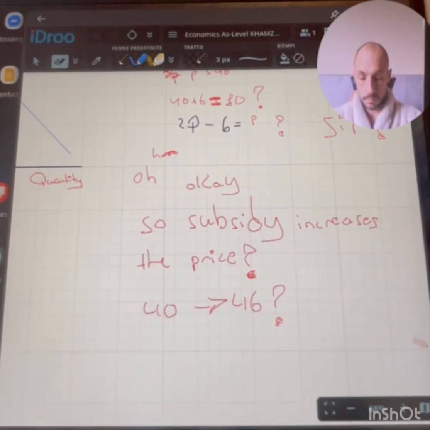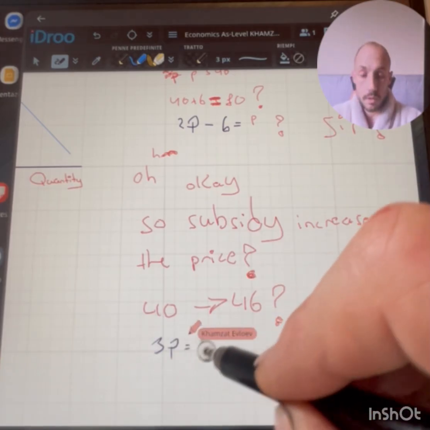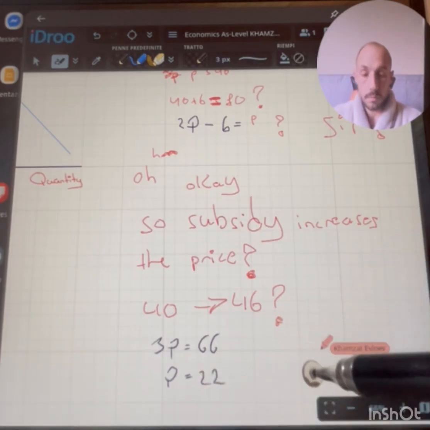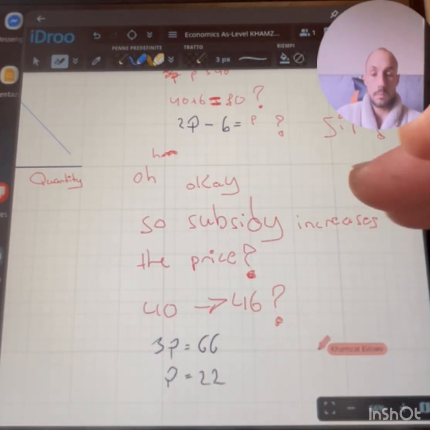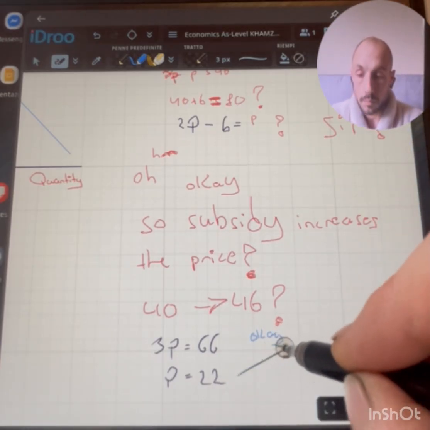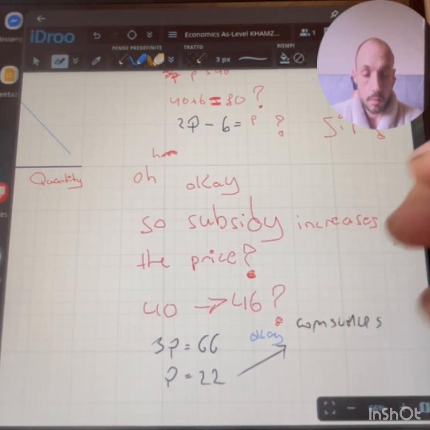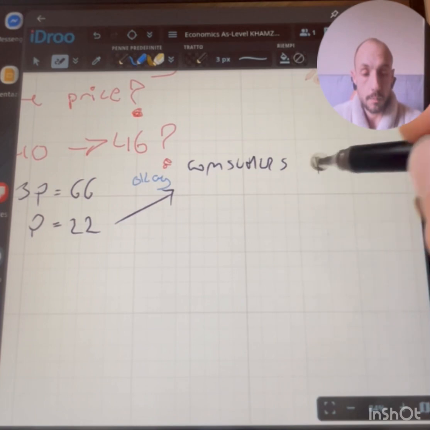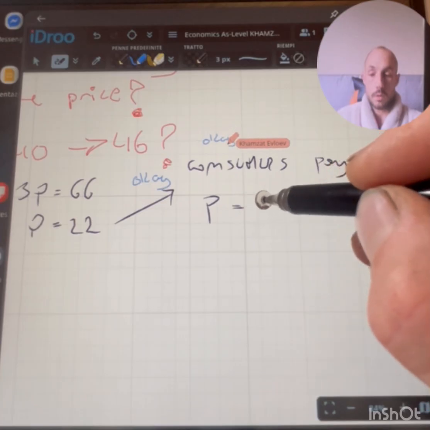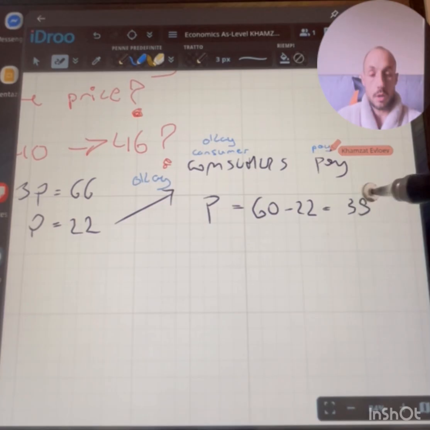Oh dear. So 3Q equals 66. Q equals 22. Consumers pay P equals 60 minus 22 equals $38.